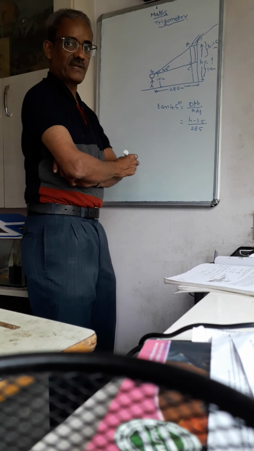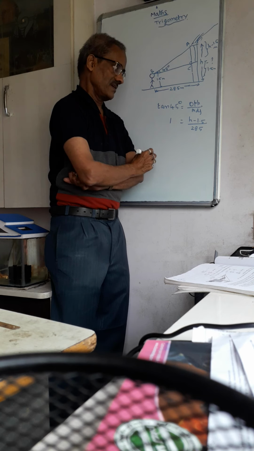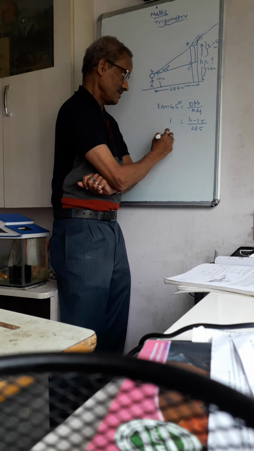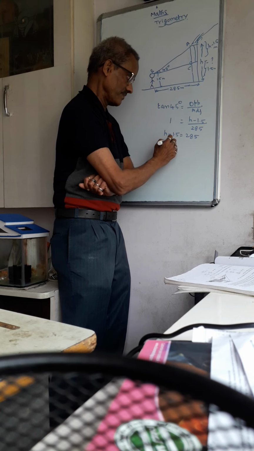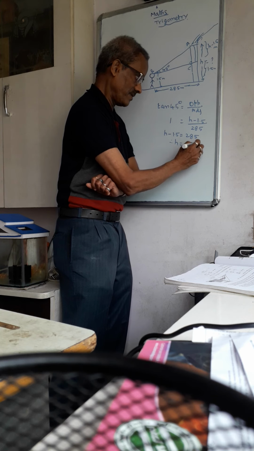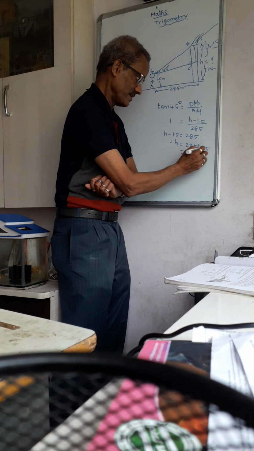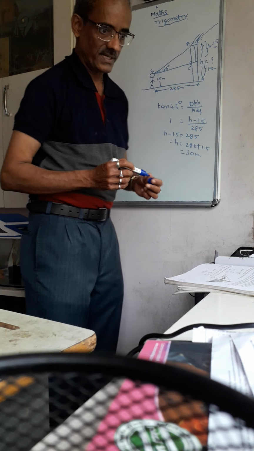We already know tan 45 is 1. Now cross multiply: h minus 1.5 is equal to 28.5. Therefore the height of the chimney is 28.5 plus 1.5, which is 30 meter. That is the answer.